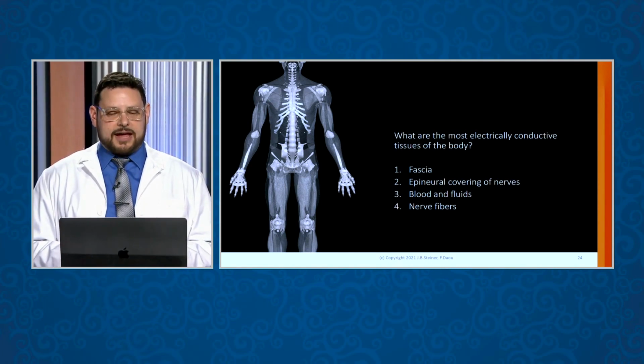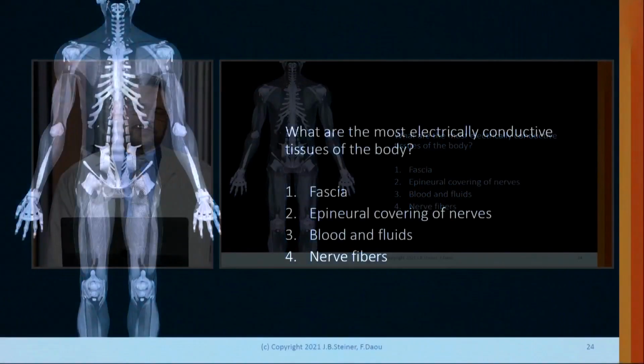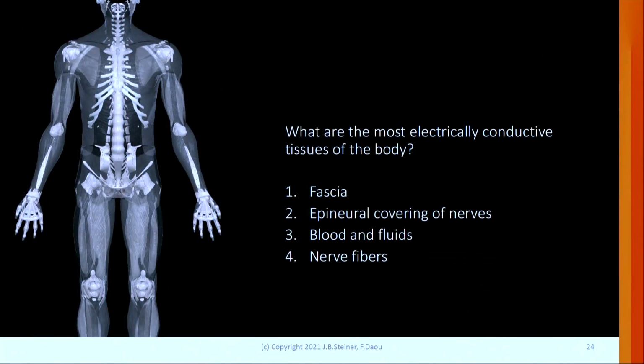Number three, blood and fluids are highly conductive, and we have a bunch of protocols. We can use this to our advantage, and we're going to be going over this in the protocols section, how we can insert qi directly into the blood, because blood goes a lot of different places. And where blood doesn't go, lymph goes, and we can use the lymph system also to put this benevolent qi in there, and I'm going to show you how to do that to help your patients.